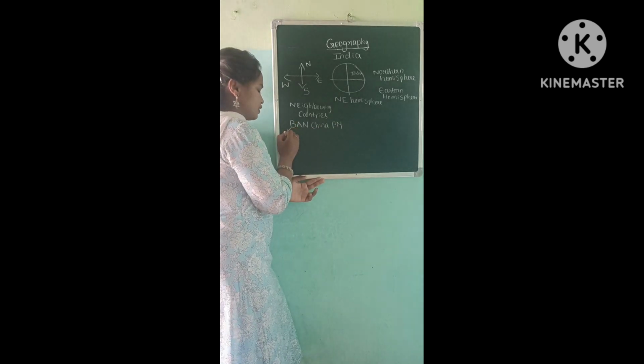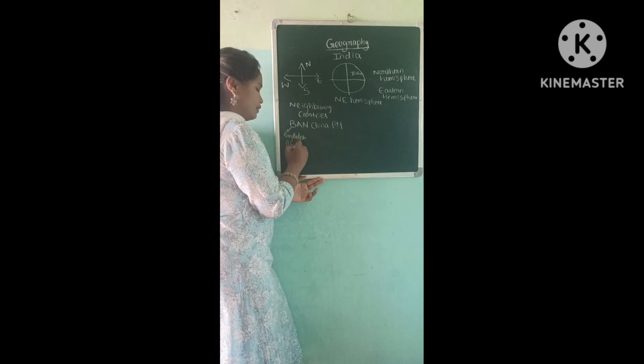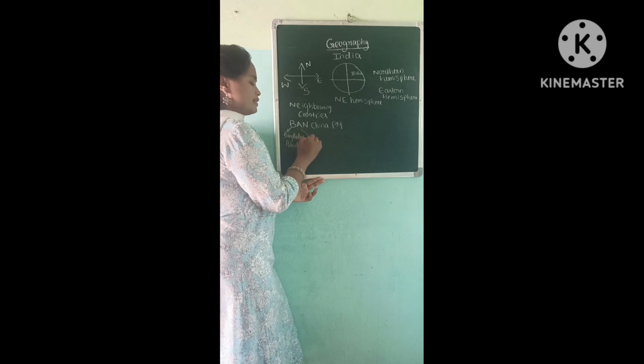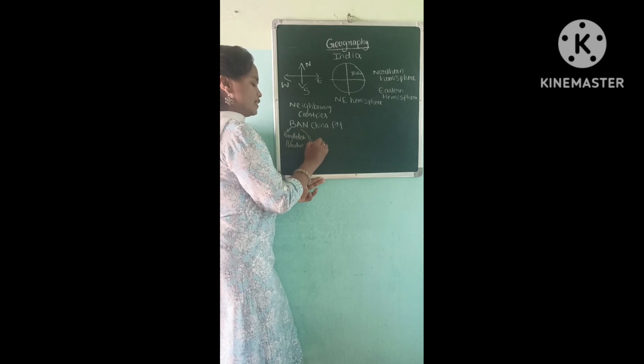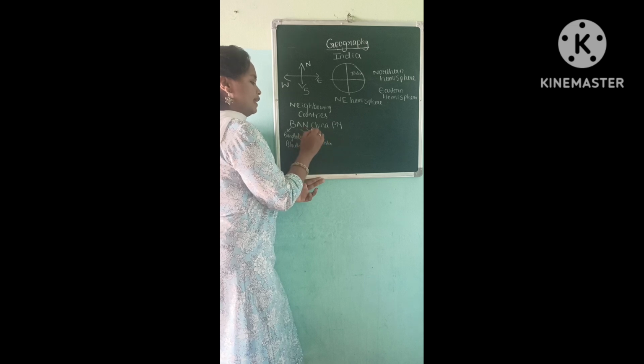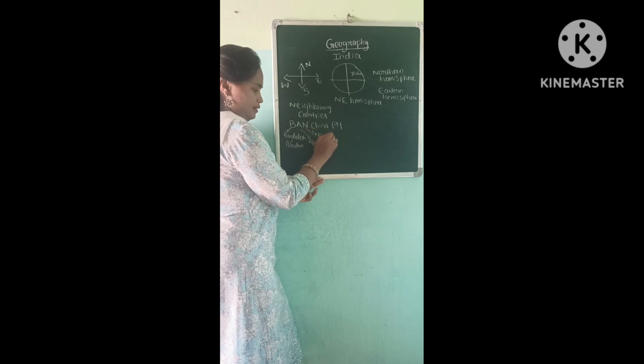B stands for Bangladesh, Bhutan. A stands for Afghanistan. N stands for Nepal. Okay?